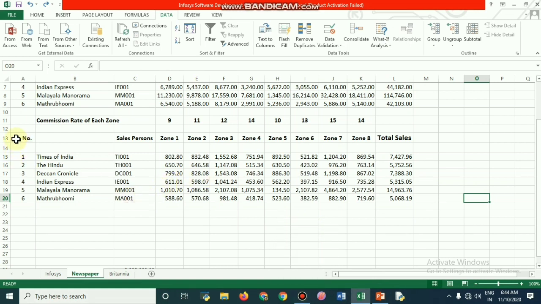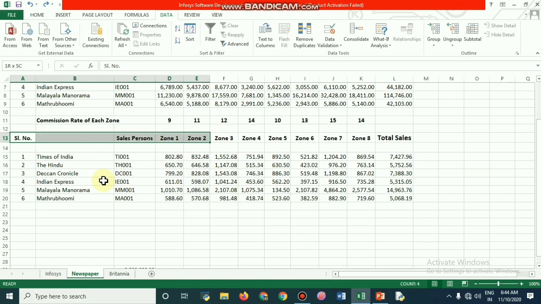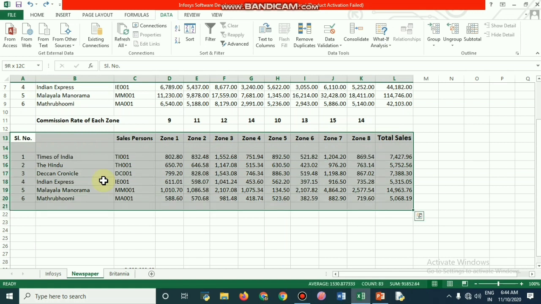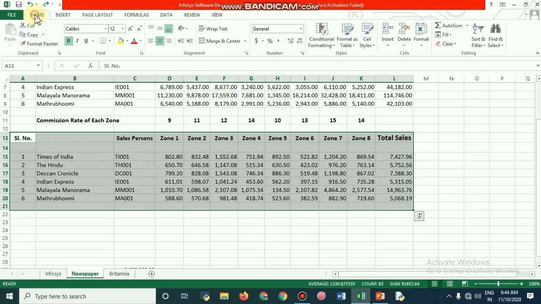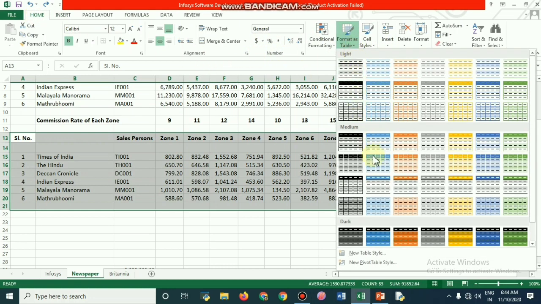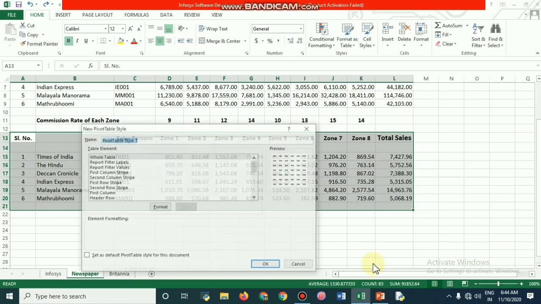And the next thing is to make pivot tables. These are out of the syllabus, still we are going to cover it. In home, the formatting styles are there, you could use.